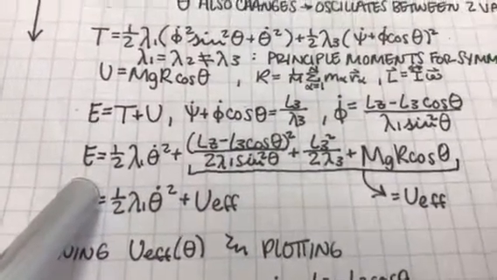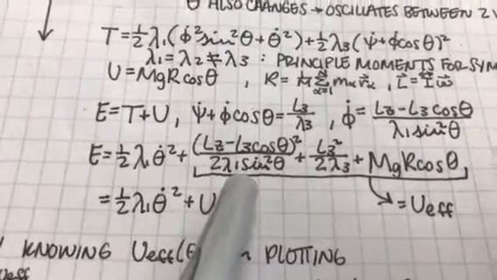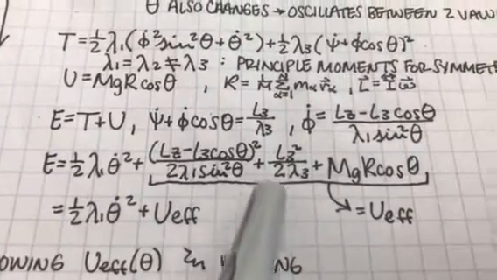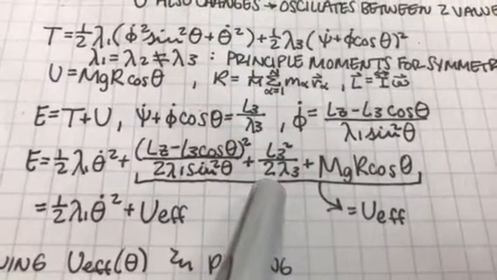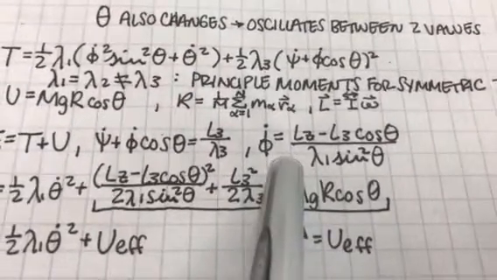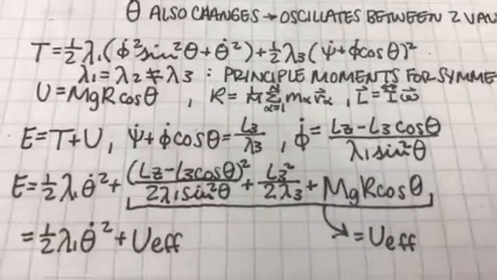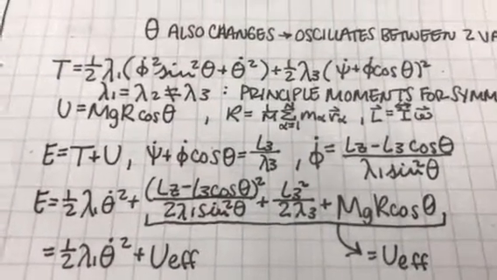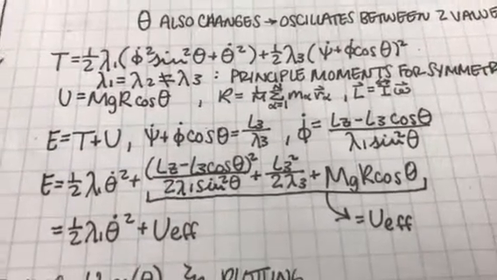So the total energy comes out to be 1/2 lambda 1 theta dot squared plus Lz minus L3 cosine theta all squared over 2 lambda 1 sine squared theta plus L3 squared over 2 lambda 3 plus mgr cosine theta. Well, these substitutions were just to get a formula for the total energy in terms of only theta, and neither of the other two Euler angles.